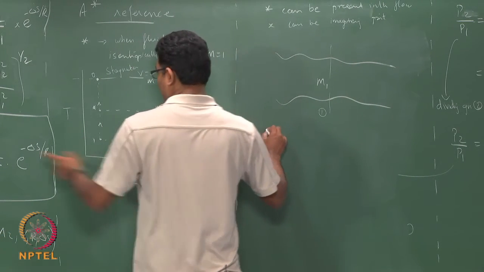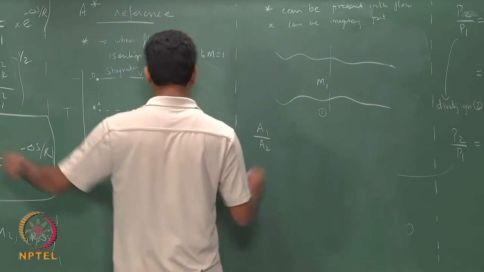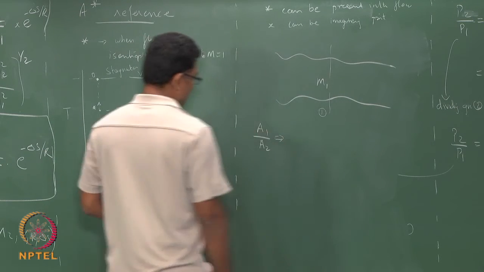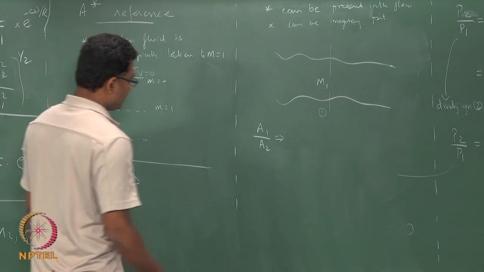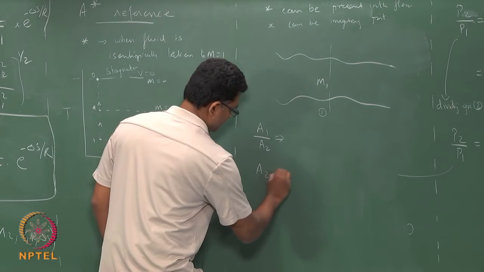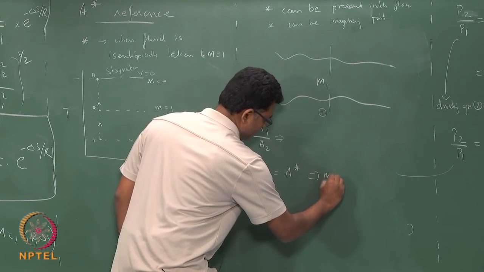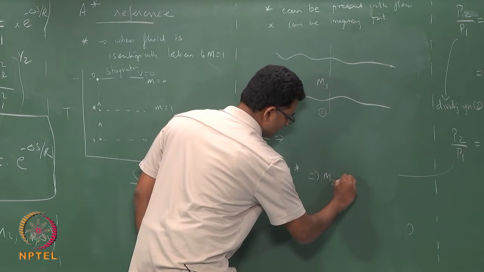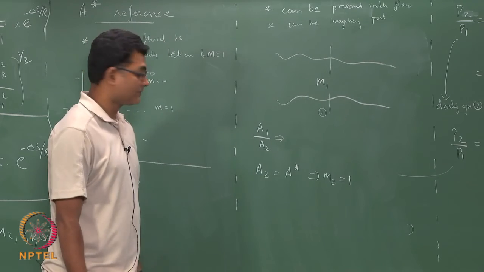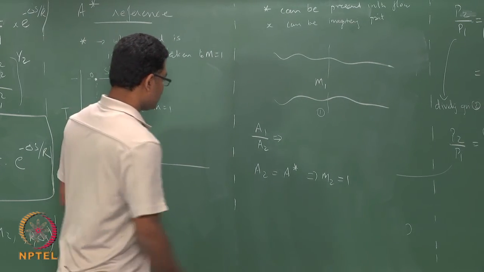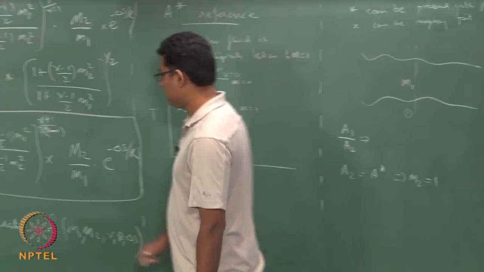So, if I write A1 by A2 as this and I take A2 as my A star, meaning my M2 is now 1. Okay.